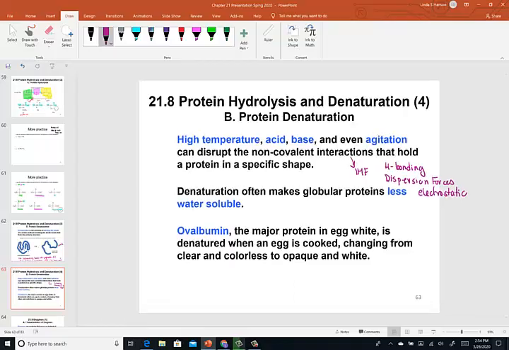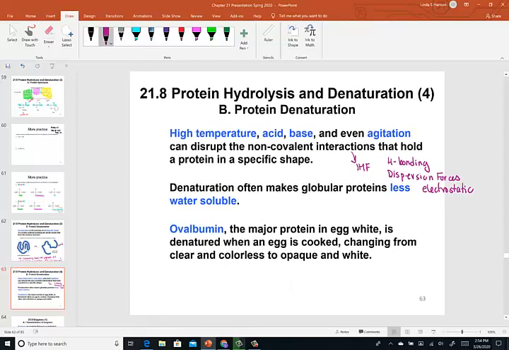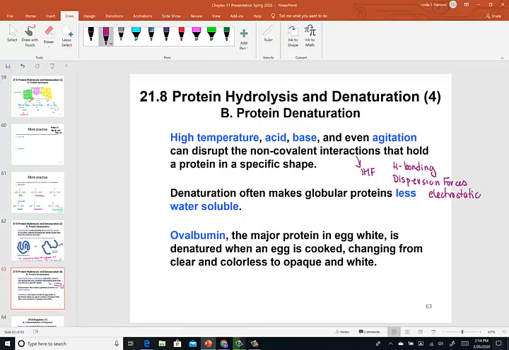Denaturation often makes the globular proteins less water soluble. They're all becoming, in a sense, more non-polar. And let me give you an example. Ovalbumin, which is the major protein in an egg white, is denatured when you cook it. It's denatured when you whip it to make egg white stiff.